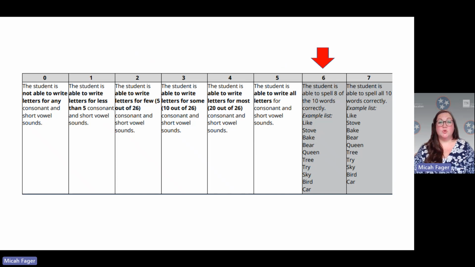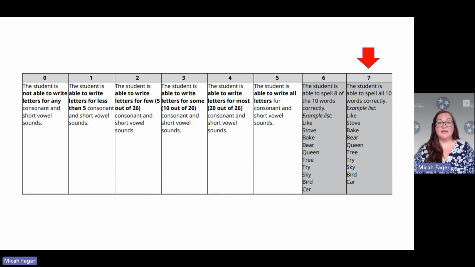For student work to score a level 6, the student should be able to spell 8 out of the 10 presented words. For student work to score a level 7, the student must be able to spell all 10 words correctly.